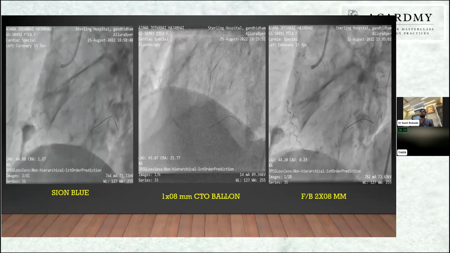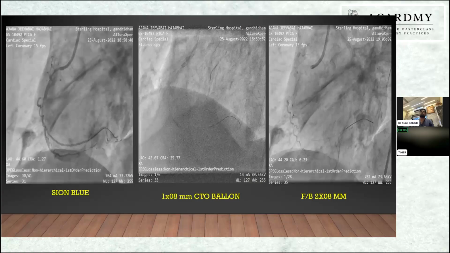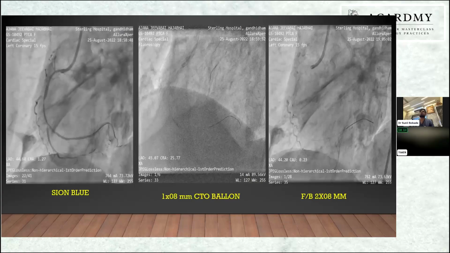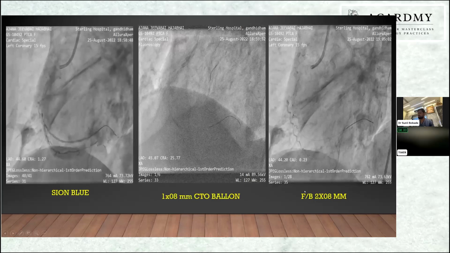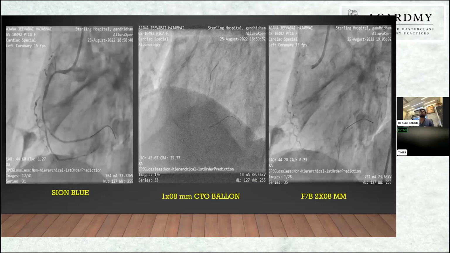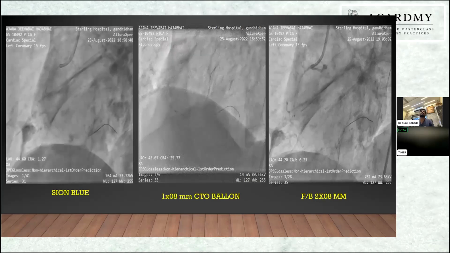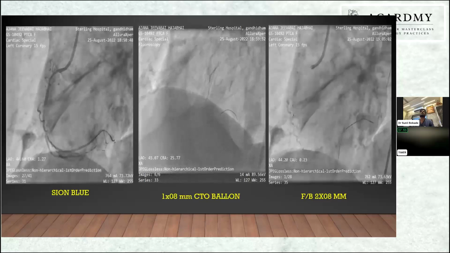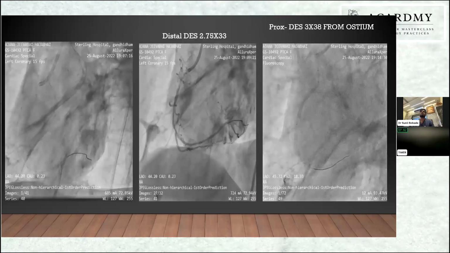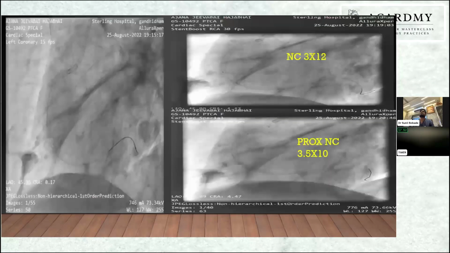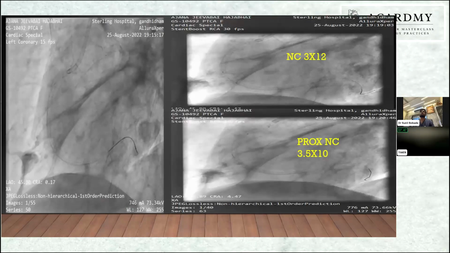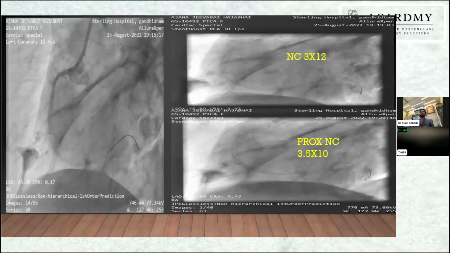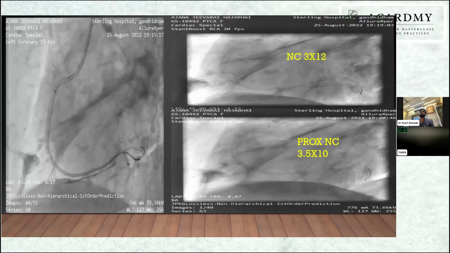And after extending the wire to a routine Sion Blue, the lesion was again pre-dilated with a CTO balloon, then a 2 by 8 mm semi-compliant, then an NC balloon. And this was the distal stent. The distal stent was 3 mm and proximal 3.5.